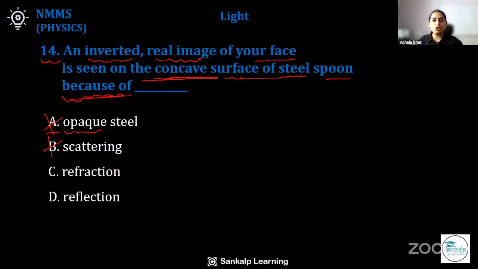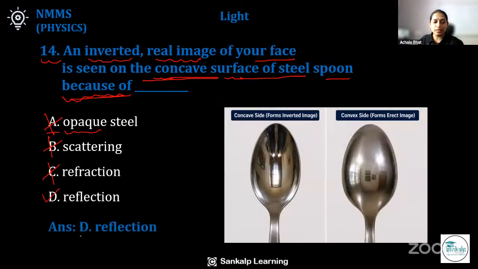No, this is not due to refraction. Here, refraction means when light travels from one medium to another medium, light bends. It is called refraction. Here, no bending of light. C is wrong. D, reflection. Yes, this is correct. This is due to reflection.